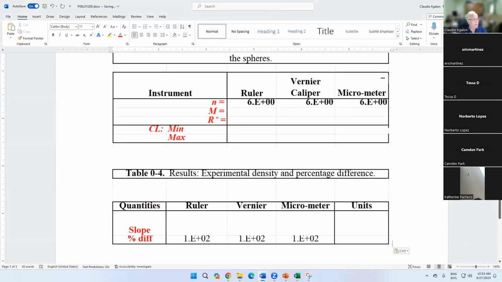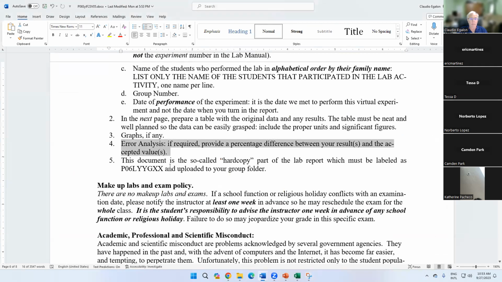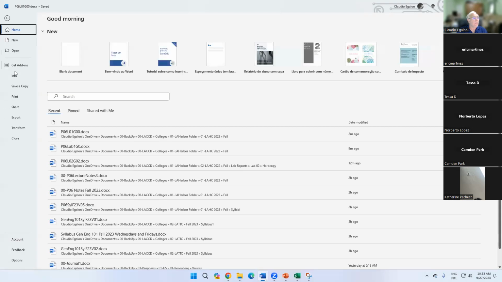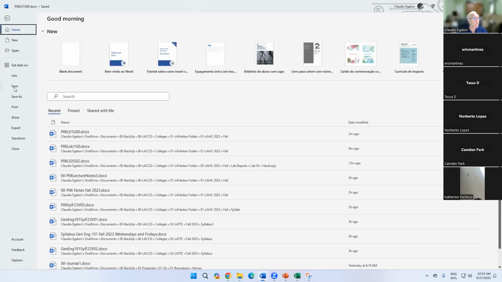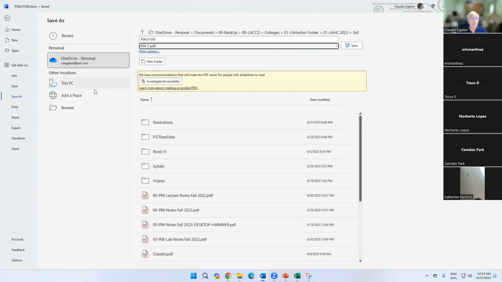Okay. Anything else? Here you go. Hard copy. And now you're going to save it, right? Save copy. Save. And then save as. You save it also as a PDF.